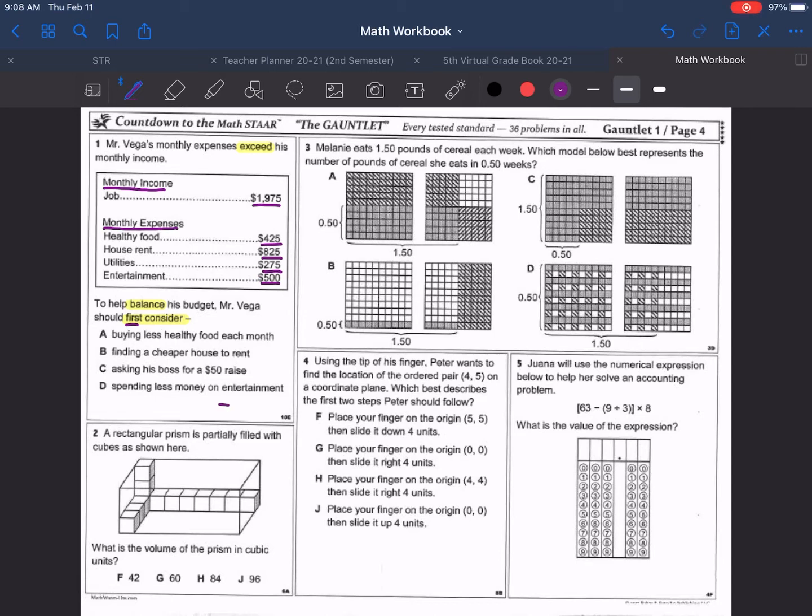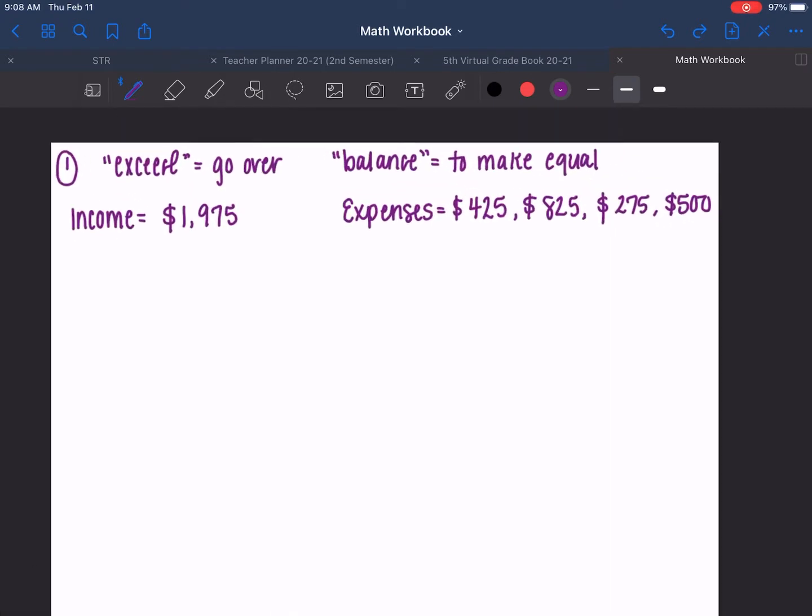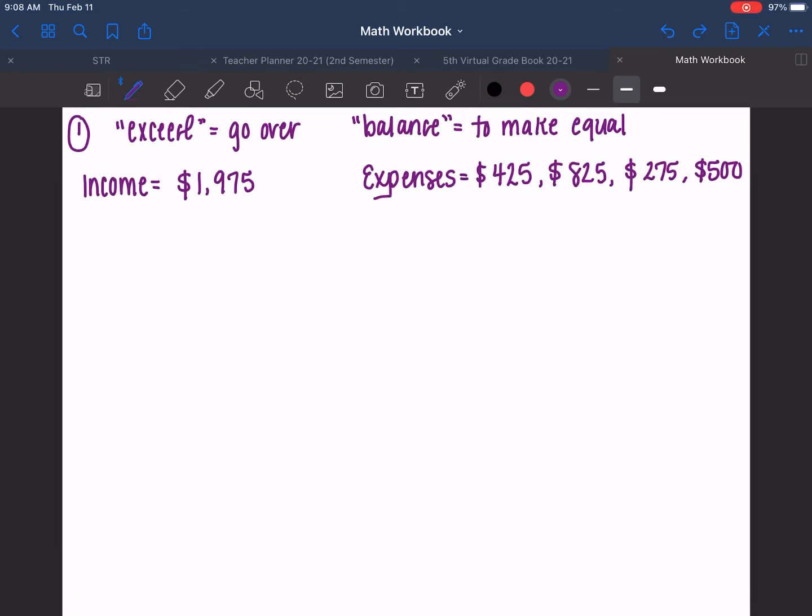So we have buying less healthy food each month, finding a cheaper house to rent, asking his boss for a $50 raise, and spending less money on entertainment. Let's go back over here and add up our expenses. I want to see how much Mr. Vega is actually going over on his expenses. So let's add up the expenses.